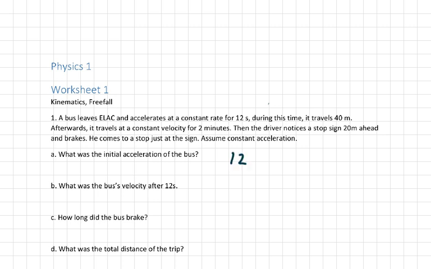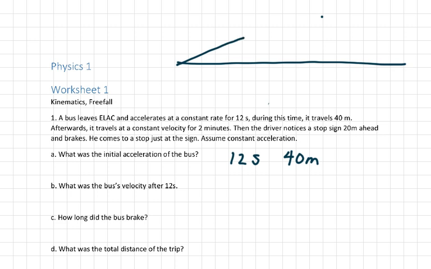Well, what do we know? We know delta t was 12 seconds, and we know we went a distance of 40 meters. We have three events. We have an event where the bus is stopped, and it accelerates at a constant rate to a certain speed, and that occurs during the first 12 seconds.